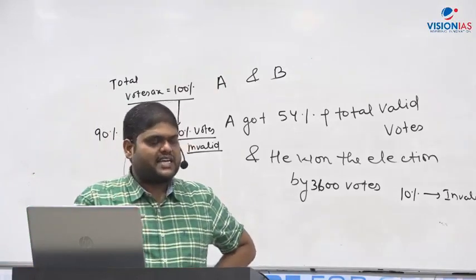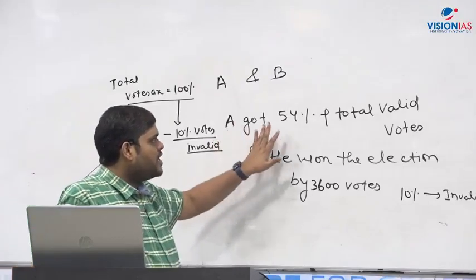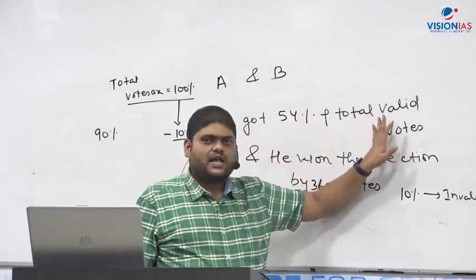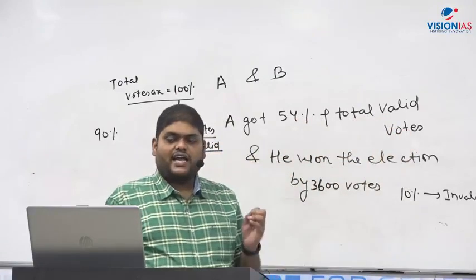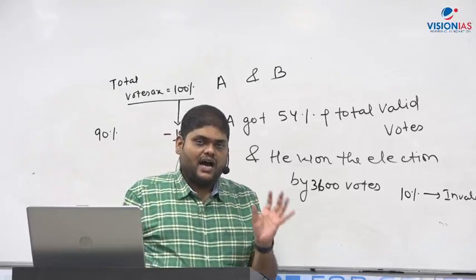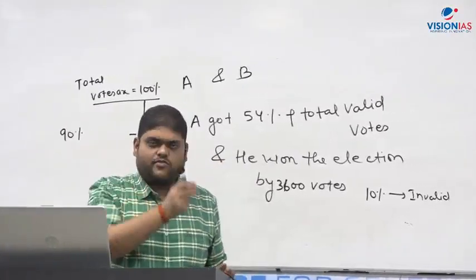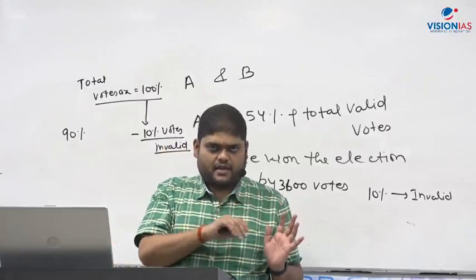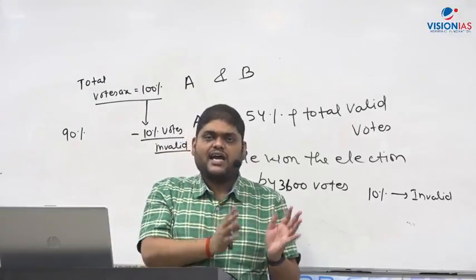90%, please listen carefully. What is given in the question? A got 54% of total valid vote. So valid vote means what? Suppose 100 people have given the vote, some votes should be invalid. It is given that 10% of the votes are invalid.